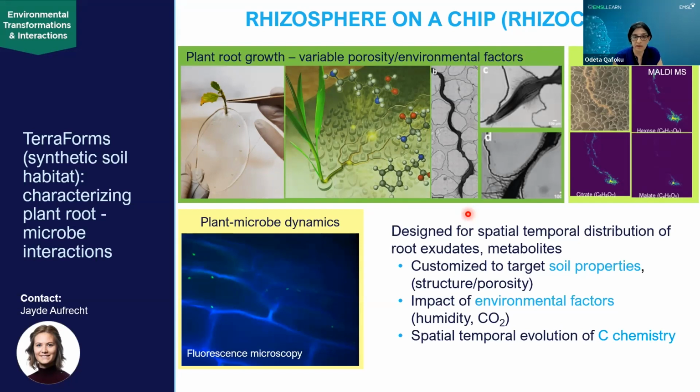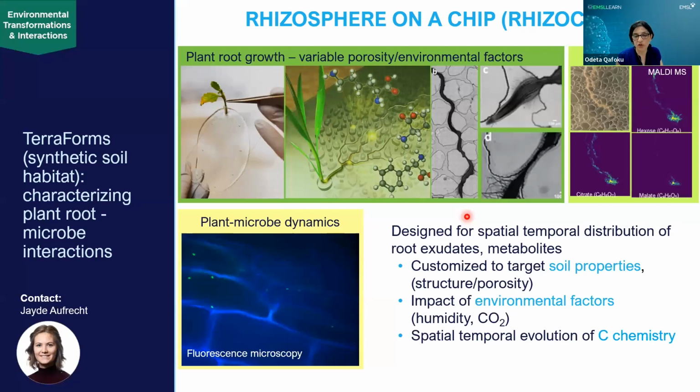In addition to being easy to customize based on the texture and structure of the soil of your interest, this device is versatile, because we can control environmental factors, specifically humidity, CO2 concentration, temperature, and light, and we can see how all these factors impact not only root growth, but also metabolite production.